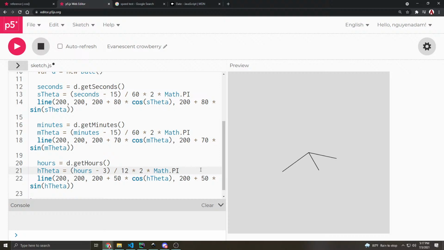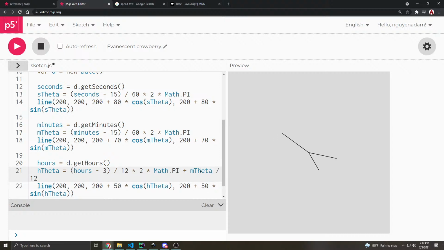I don't know if there's another way to do it. I mean, the way I thought of was just to add the minute angle and then divide it by 12, since that'll give you 1/12 of the minute angle. If the minute angle is a full rotation, a full 360 degrees, then it'll be... wait a minute, do we want this?